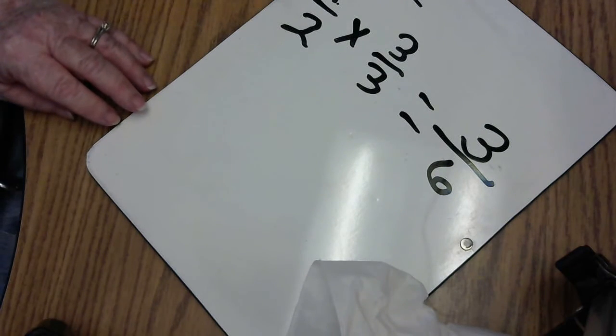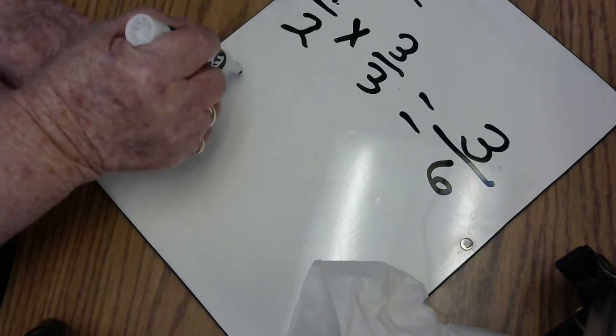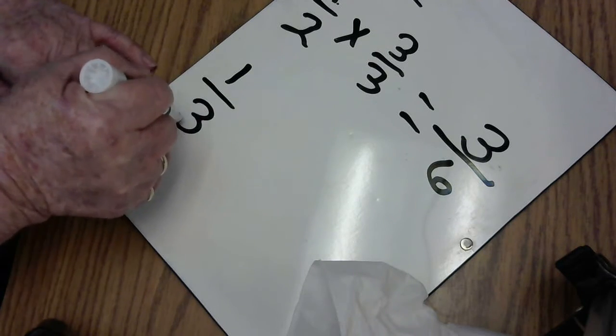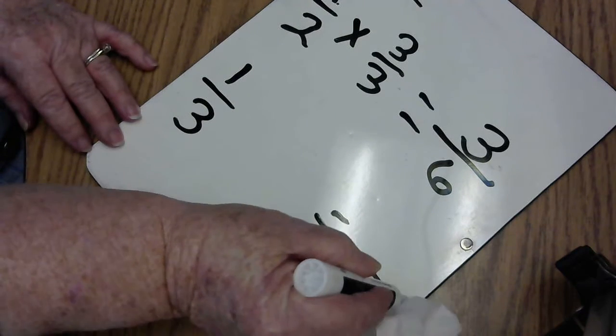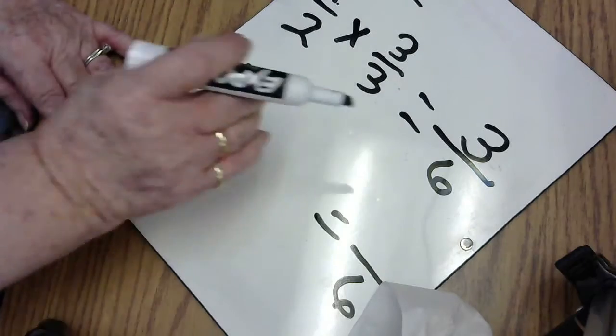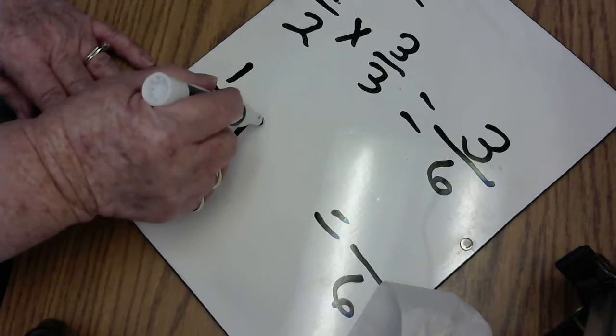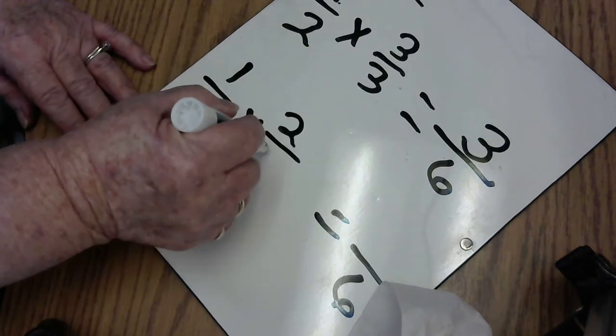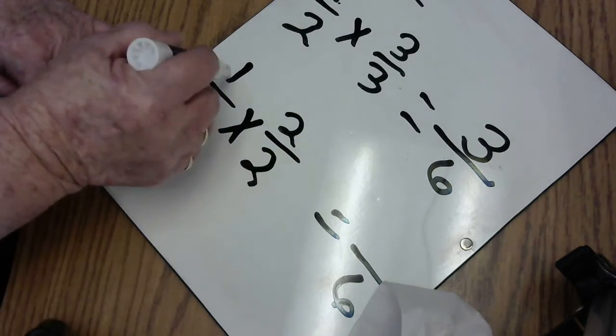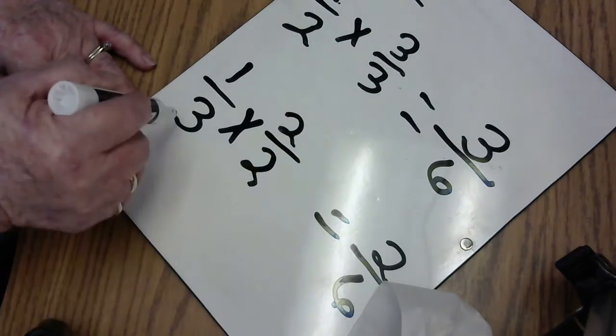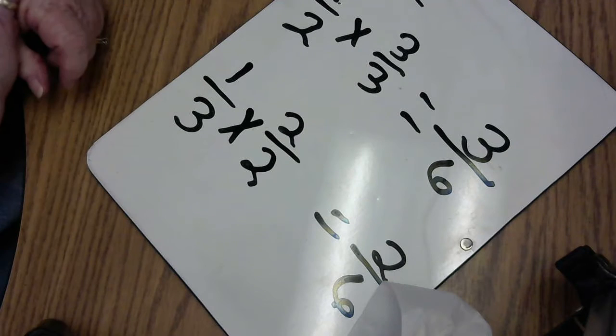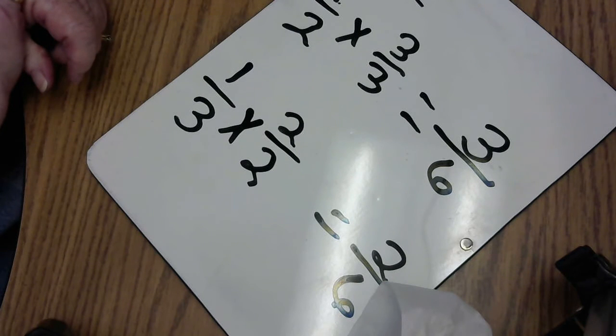The other example they have is 1/3. To get a denominator of 6, we multiply 3 times 2. So we would multiply it by 2/2 and get 1 times 2 is 2, 3 times 2 is 6. So our denominators are the same.